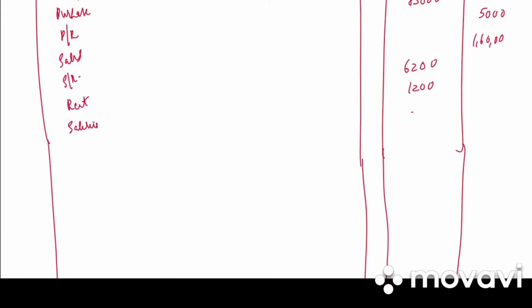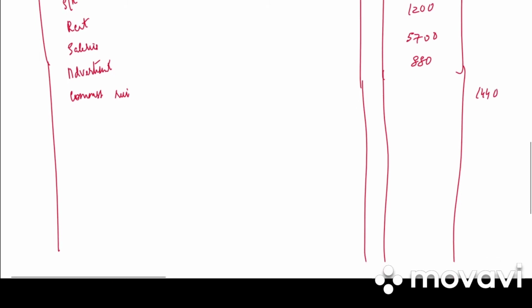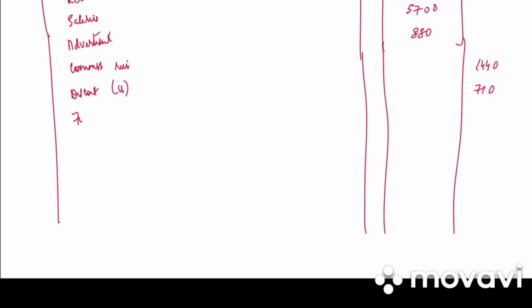Salaries, 5,700 debit. Advertisement, 880 debit. Commission received, 1,440 credit. Discount, in bracket they have already given credit, 710. Furniture, 6,000.